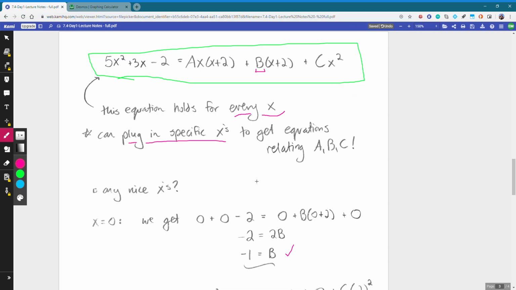Let's see what happens if we plug in -2. If we plug in -2 for x, then we'll get +4 for x squared, and -2 for this x, and this first and second term will go away, and we'll be left with c times +4.